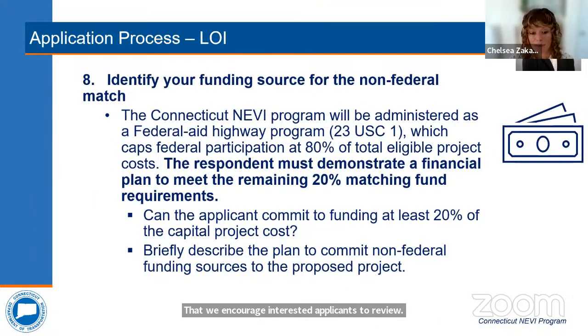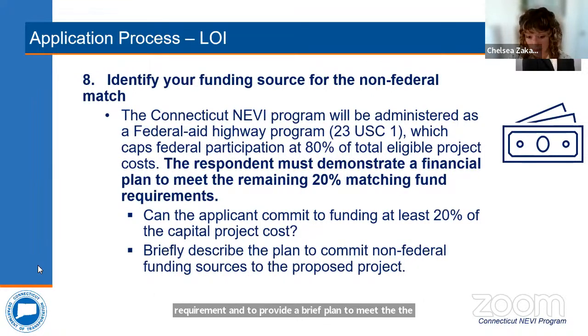Section 8 is about the funding source. You should make sure that you have identified a funding source for the required non-federal match for the project. As mentioned earlier, the NEVI program will cover up to 80% of eligible project costs. The LOI asks you to confirm that you can commit to the 20% match requirement and to provide a brief plan to meet the required match.